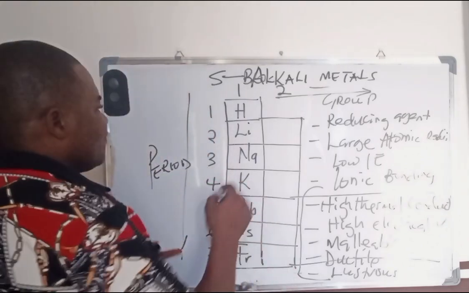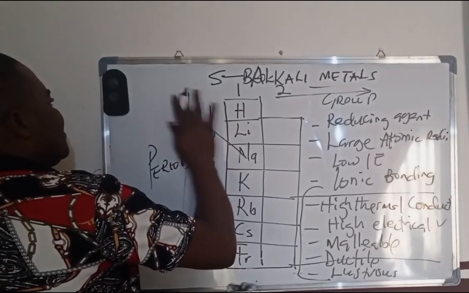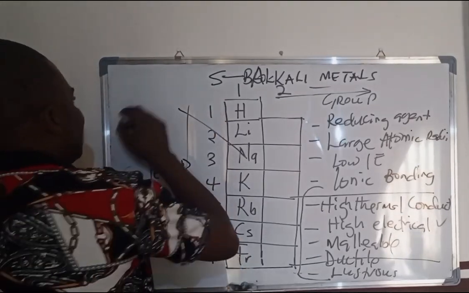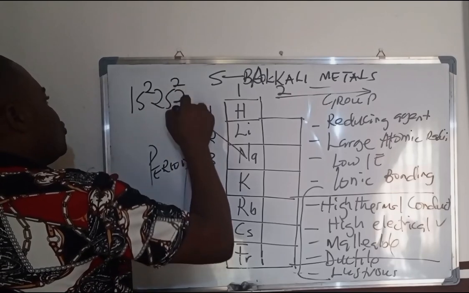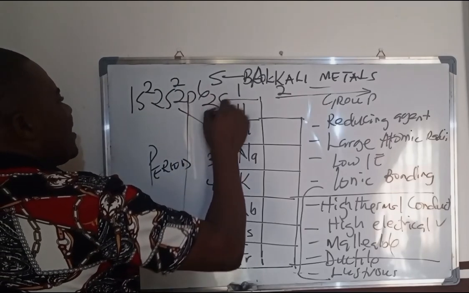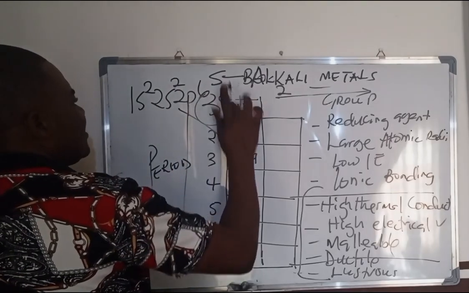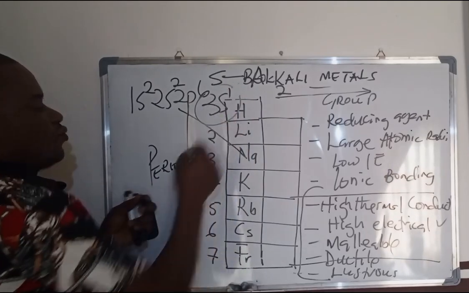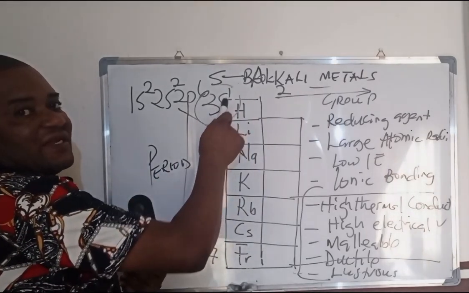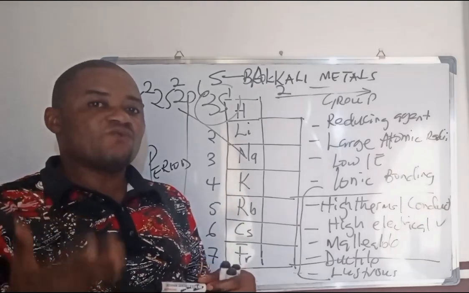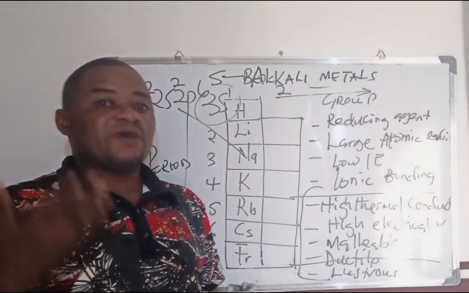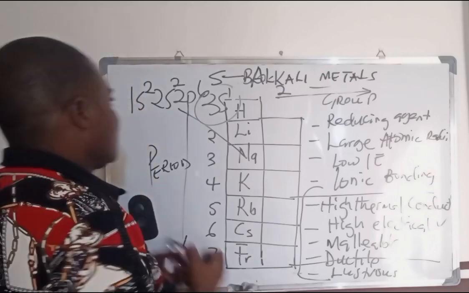And that is why, for example, sodium, that is 11, has 1s2, 2s2, 2p6, and 3s1. You can see that sodium has 3s1 with just one valence electron at the outermost shell, and that makes them very reactive. The reason why they can always form compounds with non-metals and form alkaline solutions.